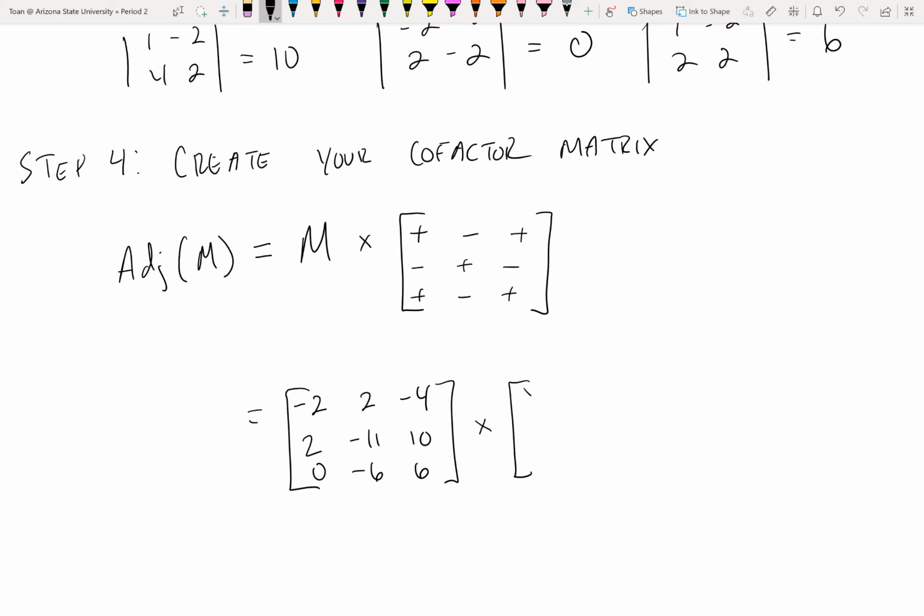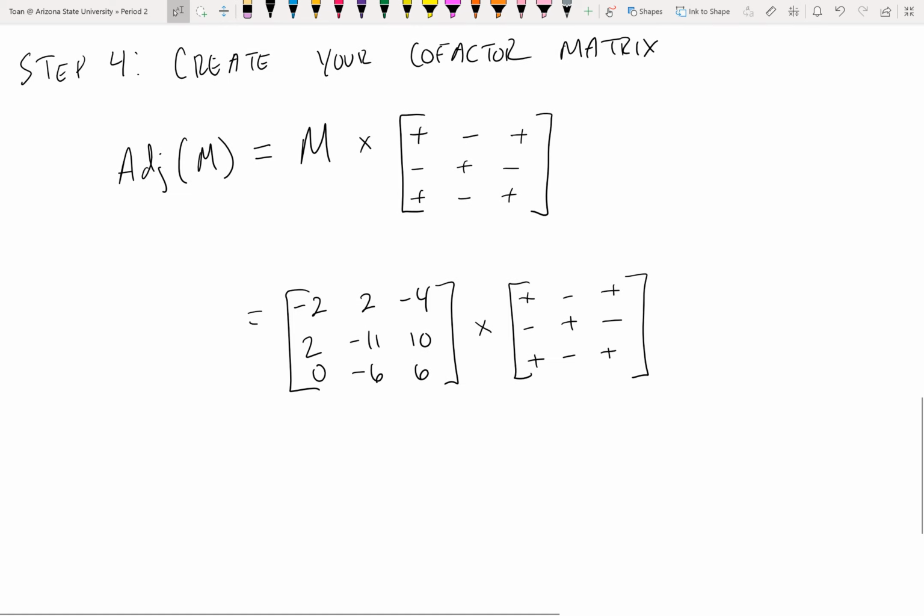Plus, minus, plus, minus, plus, minus, plus, minus, plus. So what does this mean? In the top left corner, multiply by a plus. Well, negative 2 times a positive stays as negative 2. In the top middle, you're going to multiply by minus. 2 times a negative is a negative 2. Does that make sense?